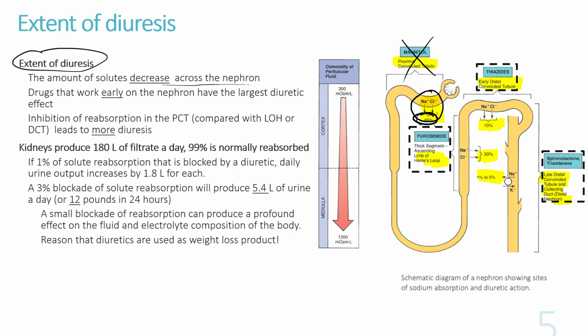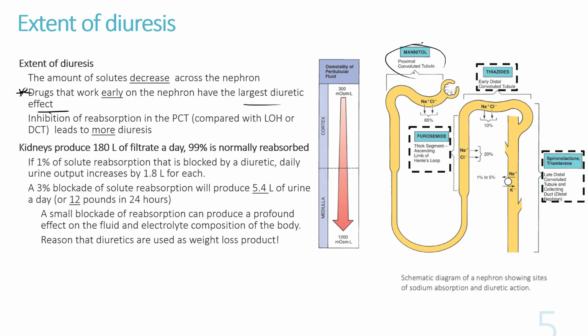So you've got 65 first, then 20, then 10, and then 1.5. You can selectively block reabsorption at each of these phases. Drugs that work early in the nephron have the largest diuretic effect, so inhibition of reabsorption at the PCT leads to more diuresis than inhibition later on at the distal convoluted tubule.